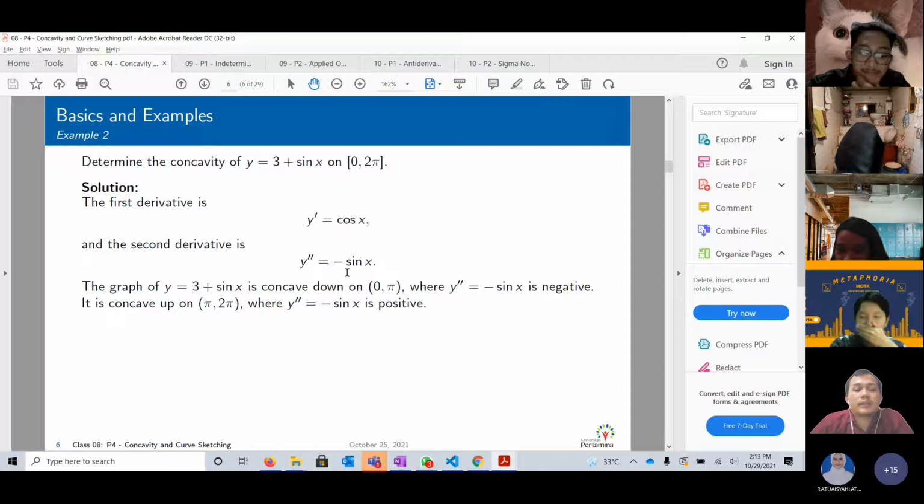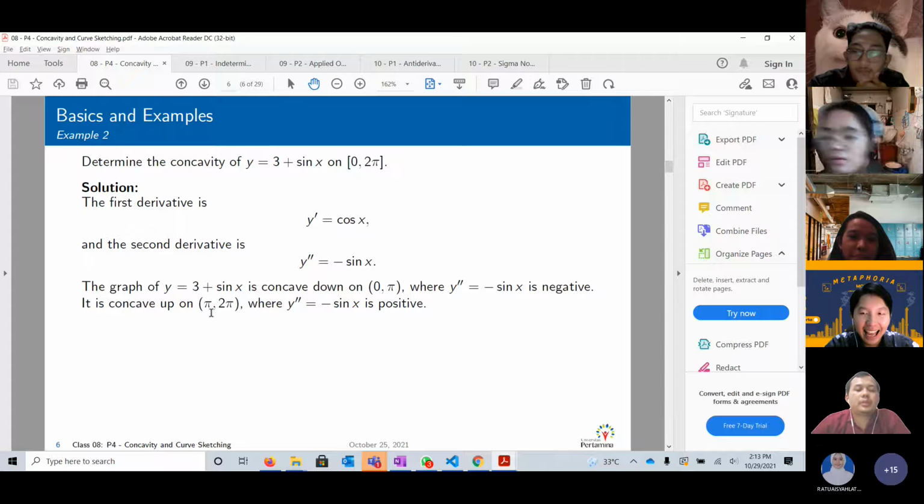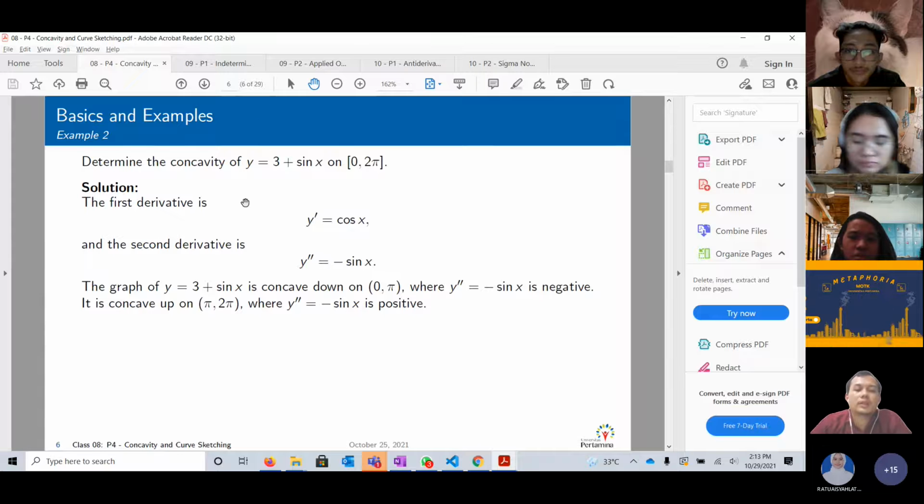Minus sine of x is negative from 0 to pi, so the function is concave down on 0 to pi, and then it is positive from pi to 2 pi. So from pi to 2 pi, the curve is concave up.